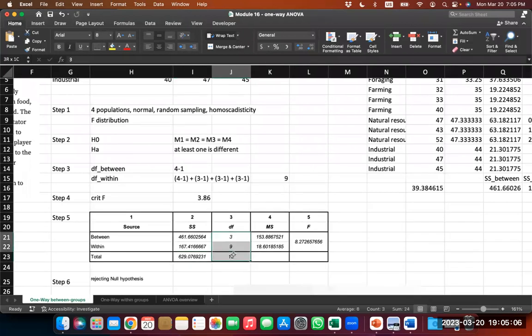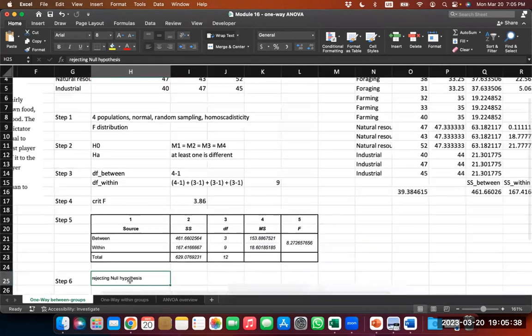Degrees of freedom between is 3, within is 9, the total is 12. Dividing the sum of squares by the degrees of freedom gives us the variance. The ratio between variance between and variance within is now the F, which gets us to an F of 8.27. And based on that, we're rejecting the null hypothesis.